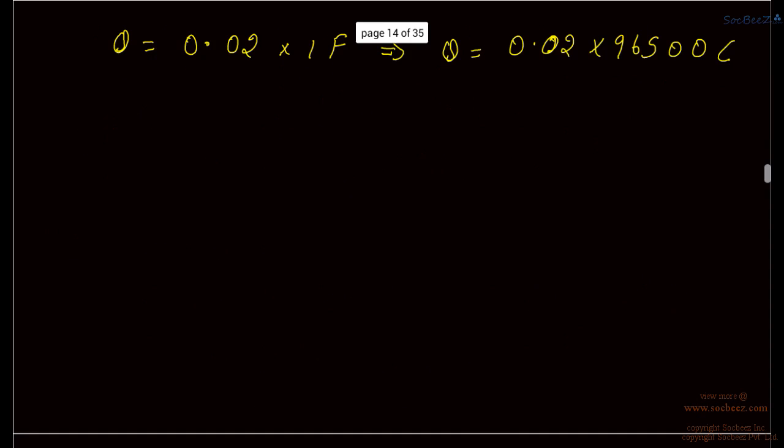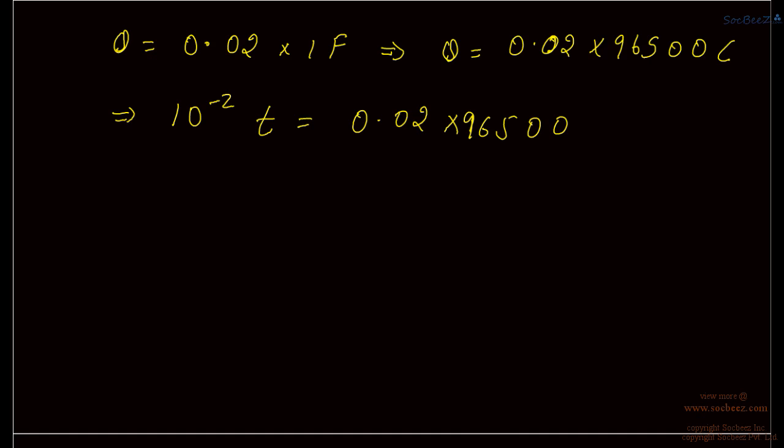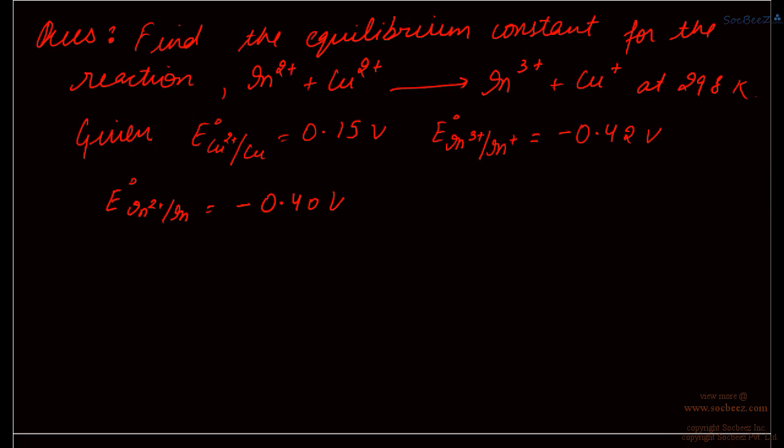Now this charge will be equal to this charge, and hence 10 raised to the power minus 2 T equals 0.02 into 96500. So the value of T comes out to be 19.30 into 10 raised to the power 4 seconds. Therefore the time required to liberate 0.01 mole of H2 gas at cathode is 19.3 into 10 raised to the power 4 seconds. So this is the answer for this question.